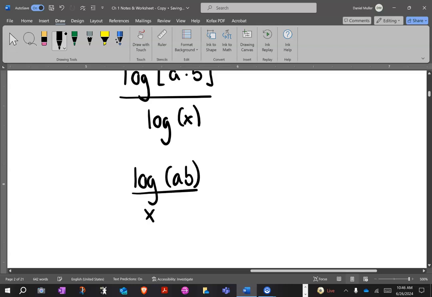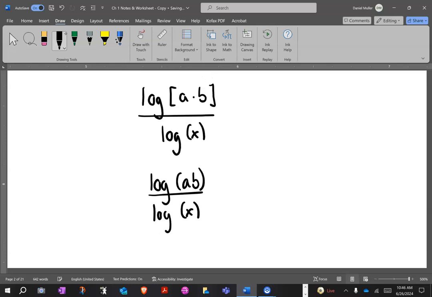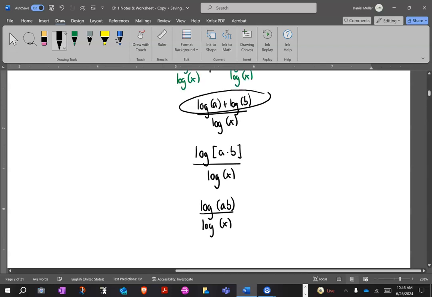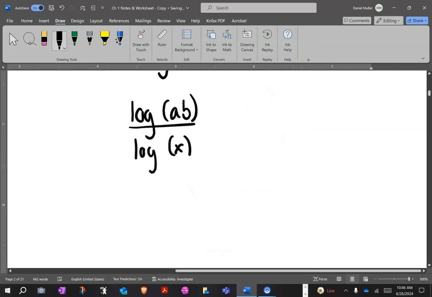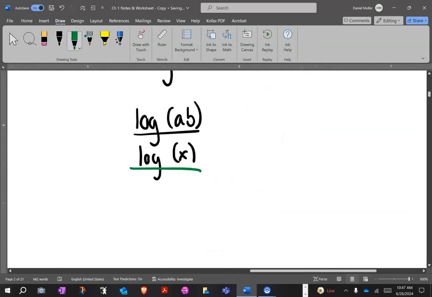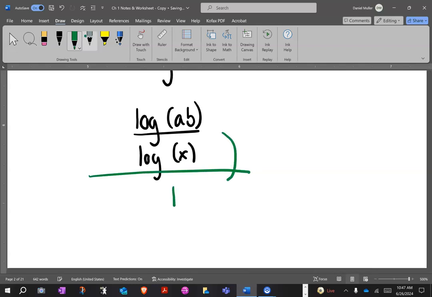Now, this is strange, because if you look at the end, we need our answer to be on the denominator. It's 1 over. So I need a 1 on top. So I'm going to do this weird thing where this is technically, I guess, all over 1. I'm going to bring this down and do the same thing, flip it.